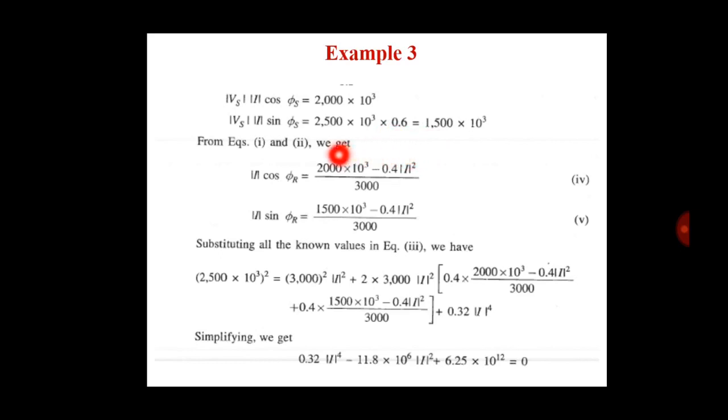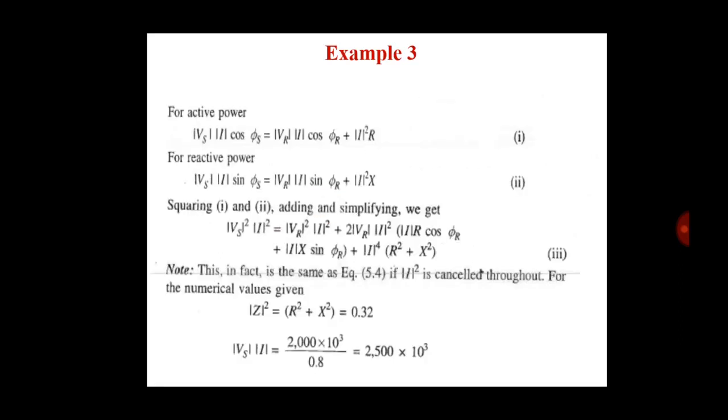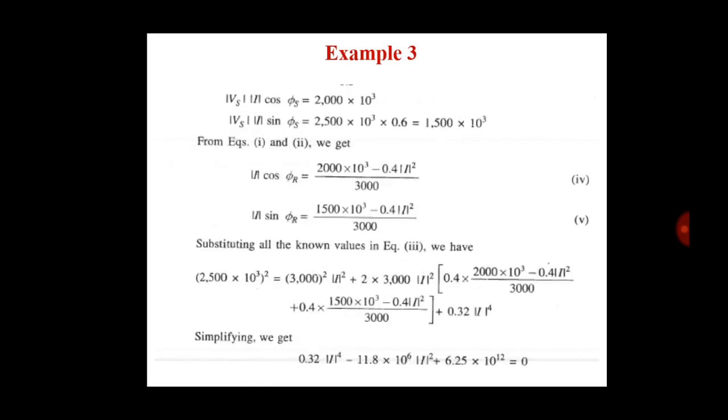Now from equations 1 and 2 we get I cos phi r is equal to 2000 into 10 raised to 3, that means Vs I cos phi s minus 0.4 I square, divided by 3000, and I sin phi r is equal to 1500 into 10 raised to 3, that means Vs I sin phi s minus I square Z, divided by 3000, where 3000 is the load voltage.